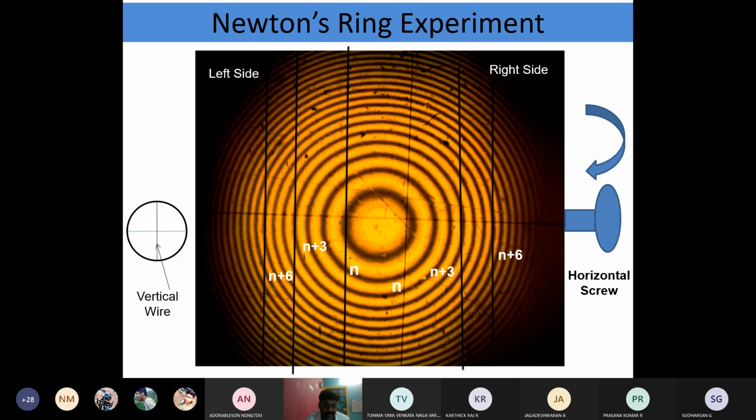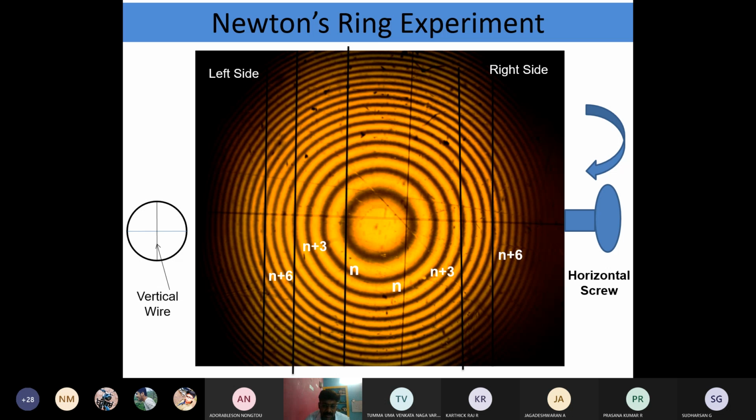After completing the left hand side reading, please give the reverse rotation. For the left hand side reading you have given the clockwise rotation. Now to get the right hand side reading, we have to give the anti-clockwise rotation.